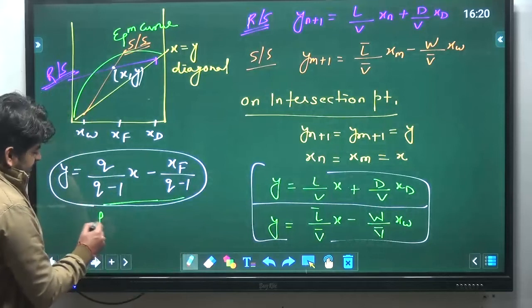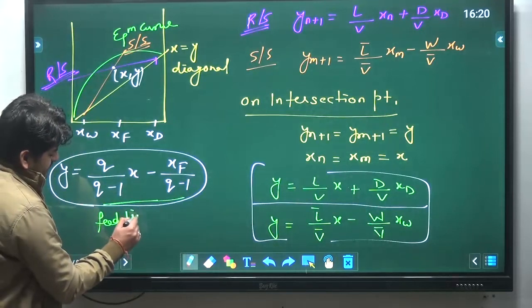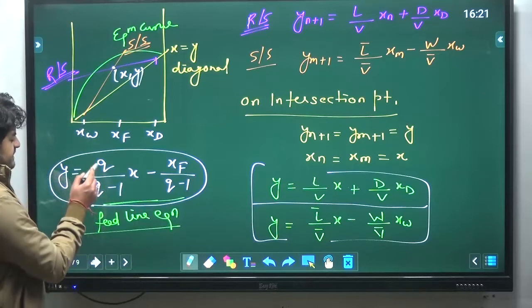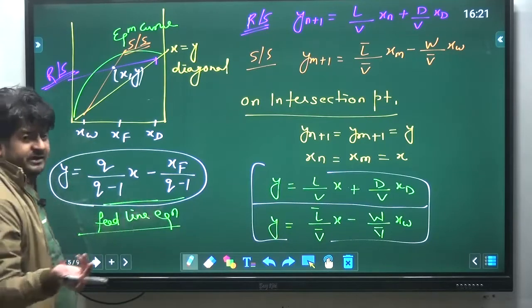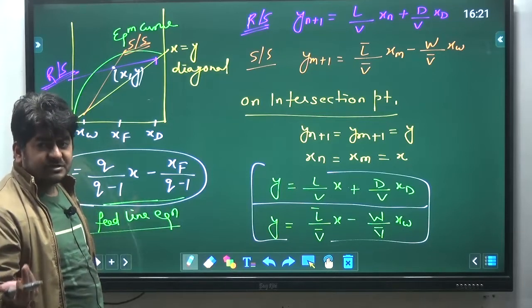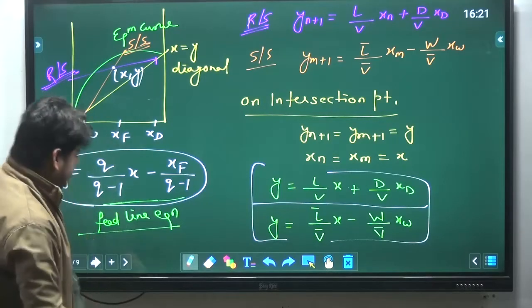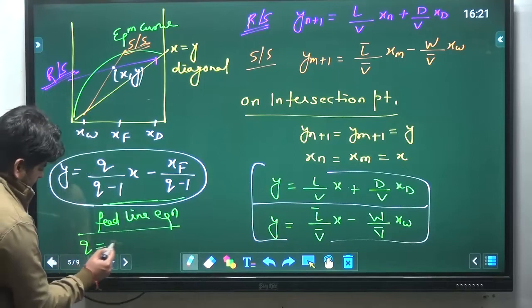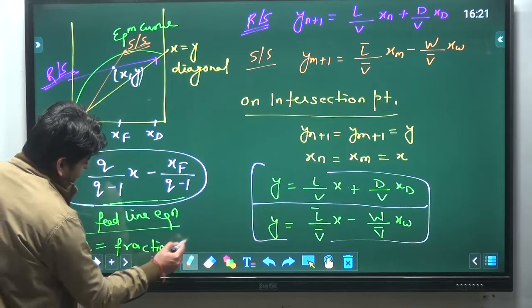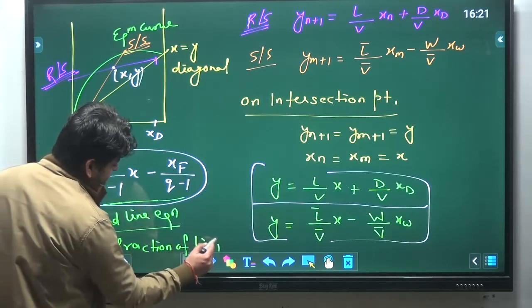And this equation is called the feed line equation. And here this q is called the quality of feed. Okay, basically it represents the fraction of liquid in the feed. In simple words, we can say the fraction of liquid in the feed.